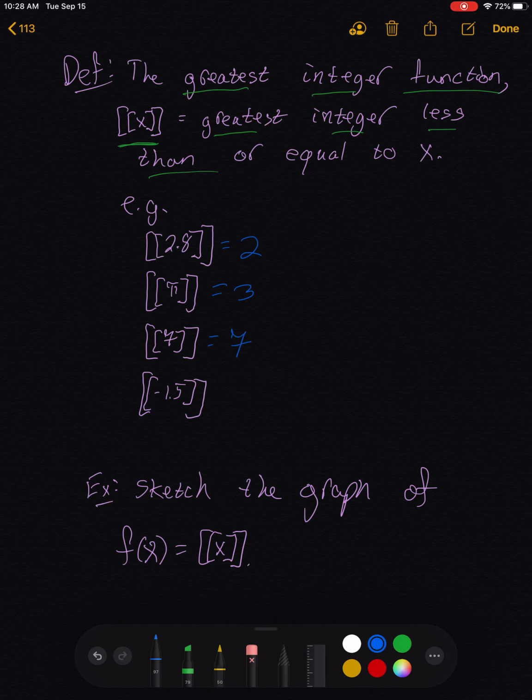That is the largest integer less than or equal to 7. And for negative 1.5, it's actually going to be negative 2. So basically this function is rounding down, but when we're looking at negative numbers, we have to be a little careful. Negative 1.5 wouldn't go to negative 1, it would have to go down to negative 2. That's the largest integer less than or equal to negative 1.5.